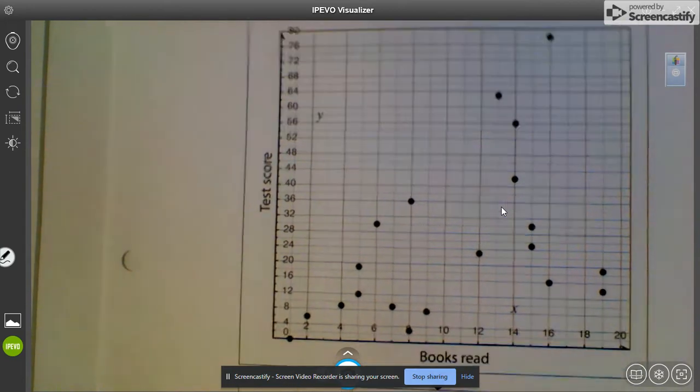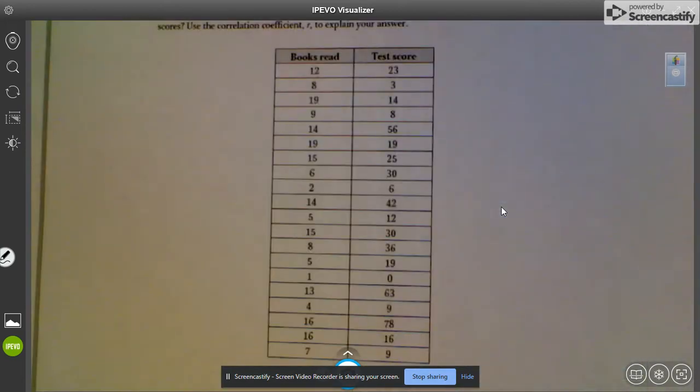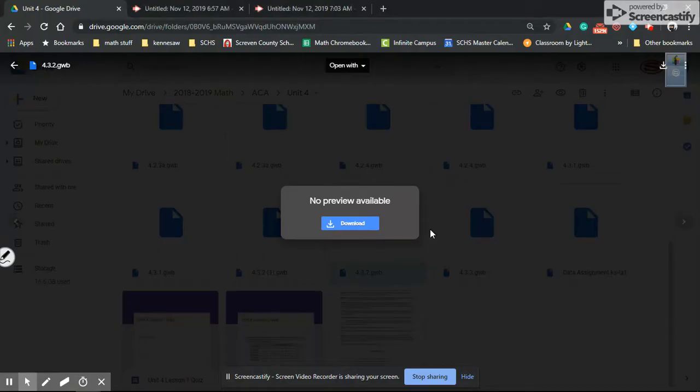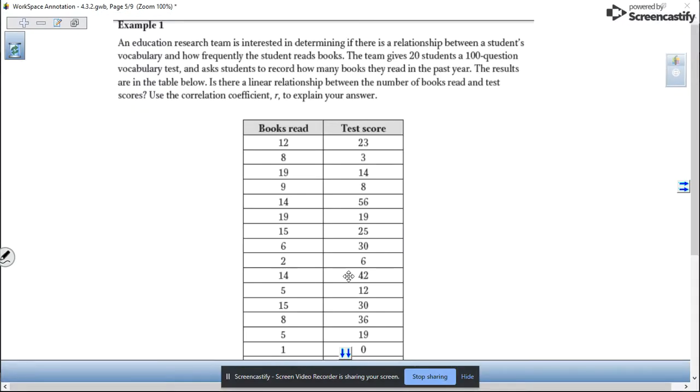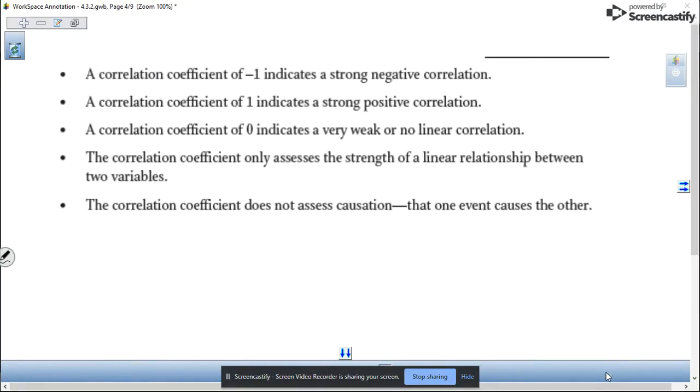Okay, now I want to talk about what an actual correlation means for a second. So I'm going to go back to my other page here and share this with you. So let's look at this for a second.